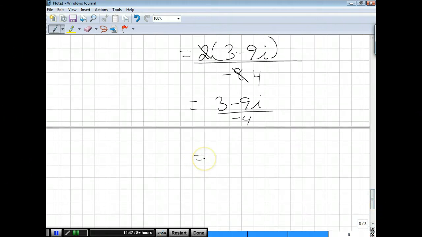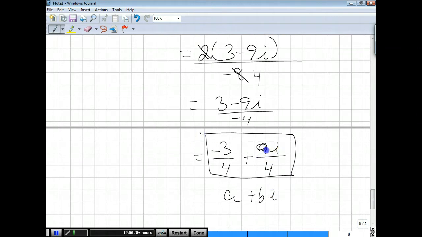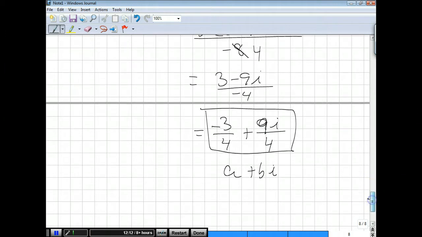And normally we write that in the a plus bi form. So it would be negative 3 over 4 plus 9i over 4. So this is in the form a plus bi. So that's normally the form that we write that in. Okay?